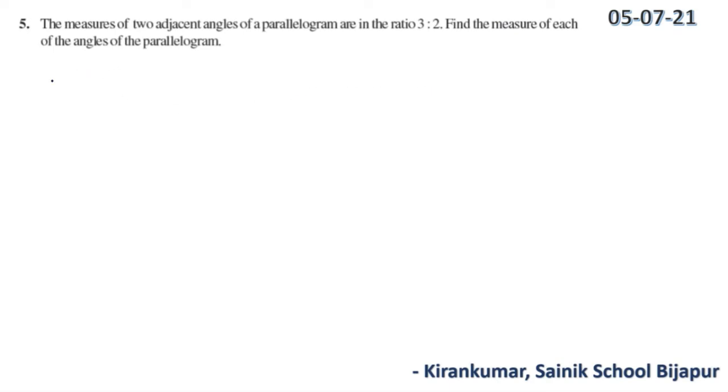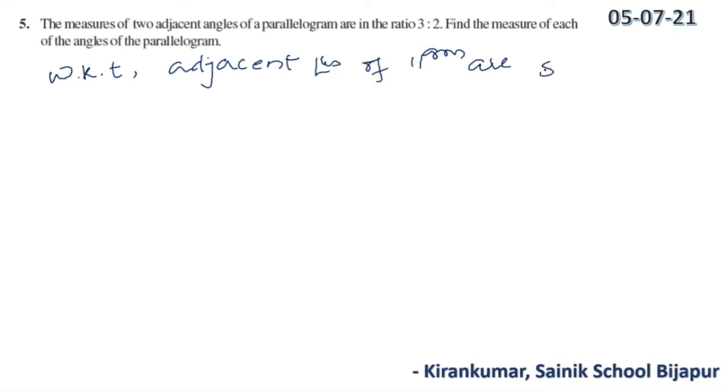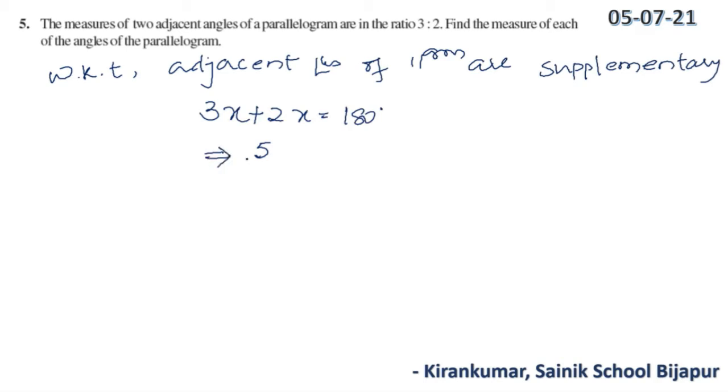We know that adjacent angles of a parallelogram are supplementary. If the adjacent angles are supplementary, the sum 3x plus 2x will be equal to 180 degrees. So 5x is equal to 180 degrees and the value of x will be 36 degrees.